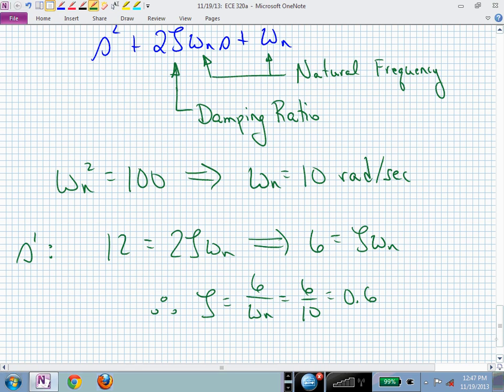So when we start talking about natural frequency, hopefully now you know where that's coming from. That's the distance you are away from the origin for those complex poles. And the damping ratio is between 0, which makes these roots purely imaginary, and 1, which makes them completely real when they're that far away from the origin.